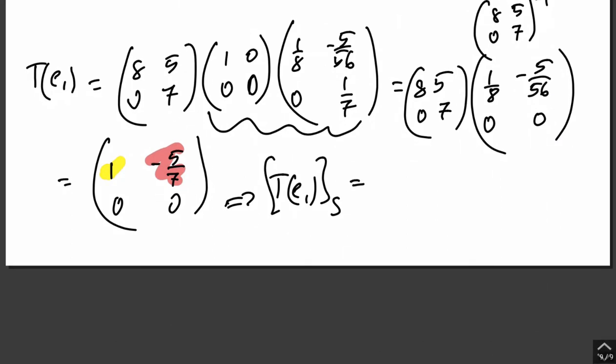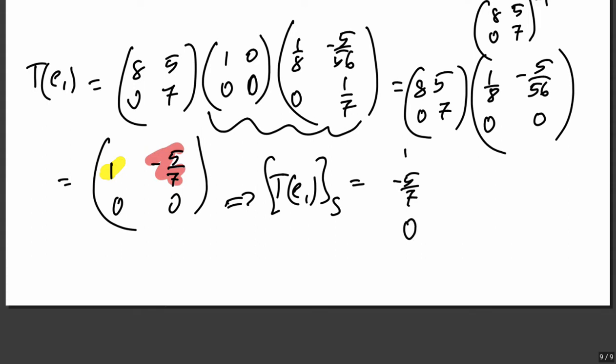So this will be 1, minus 5 over 7, and then 0 for the third entry, the 2,2 entry.